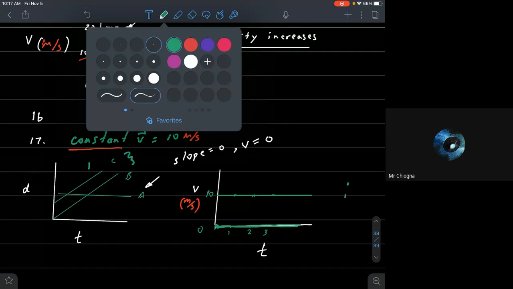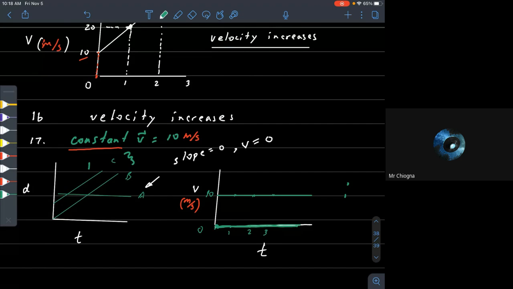That's A there, and this is B and C. So why does that one line represent B and C? Because if you go back to the position time graph, they're parallel. They look like railroad tracks. Same slope.